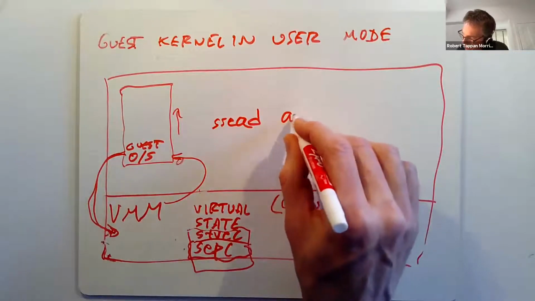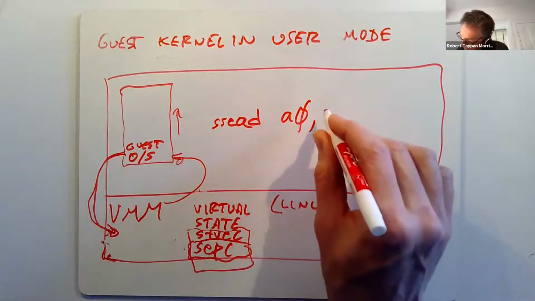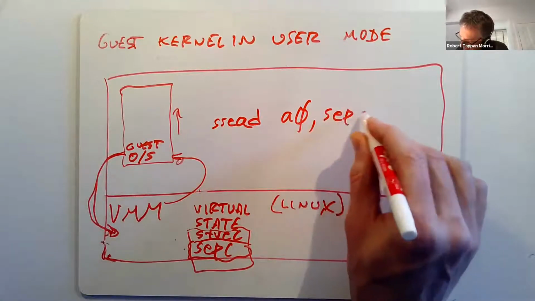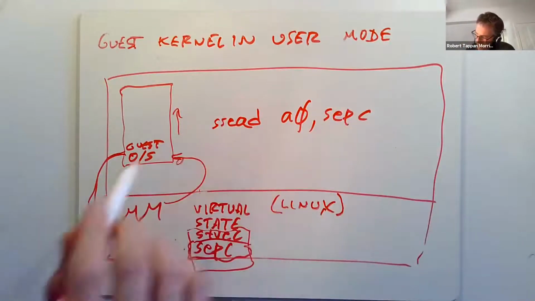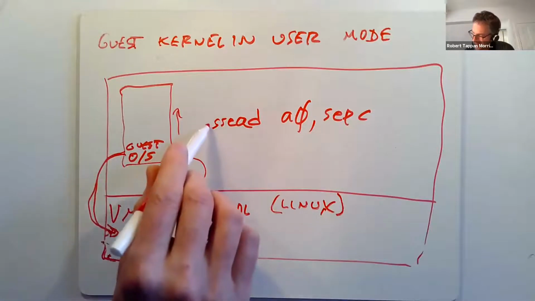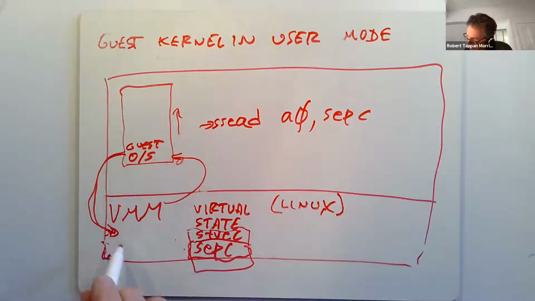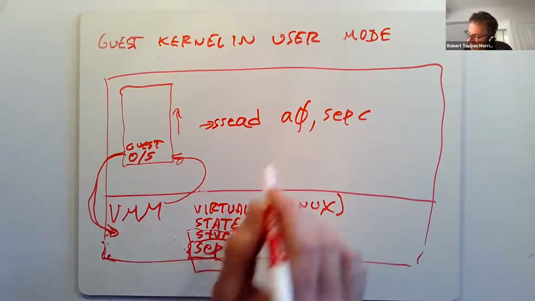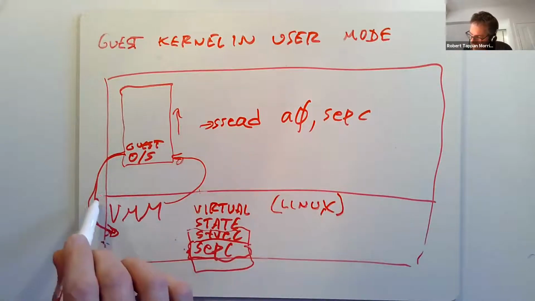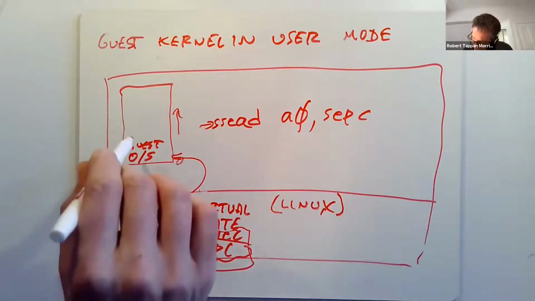And you give the name of an ordinary register and the name of a privileged register like SEPC. And so that will trap, and the virtual machine monitor will read that instruction. We'll see, oh, it's an S read. The virtual machine monitor will copy the virtual copy of SEPC into A0 in the trap frame, because after all, when entering the VMM, that's going to have created a trap frame with copies of all the guest registers.